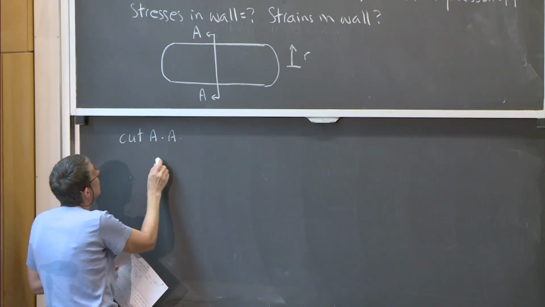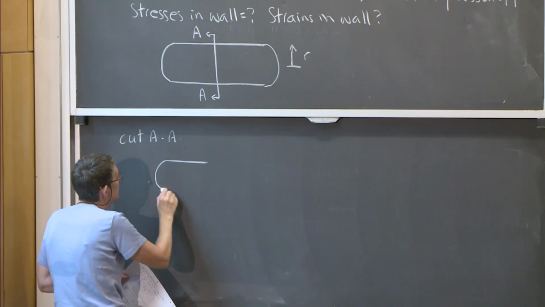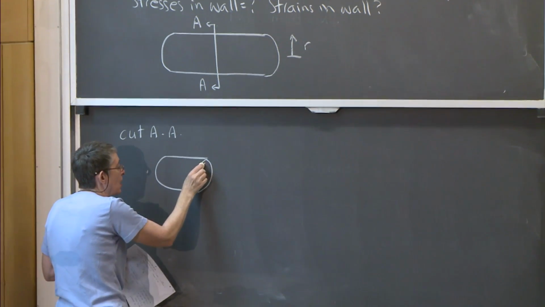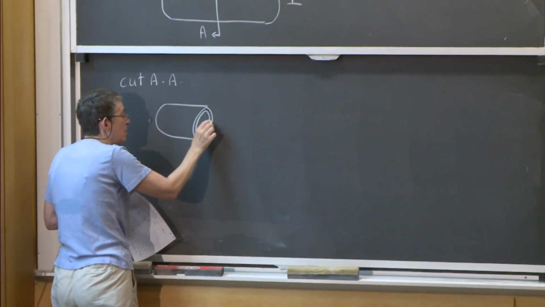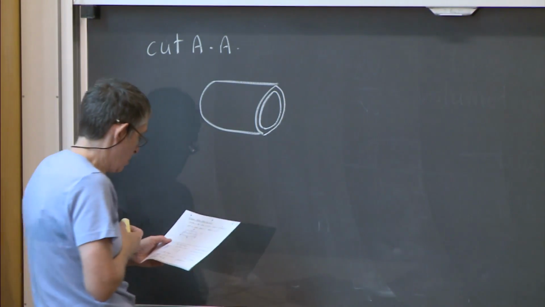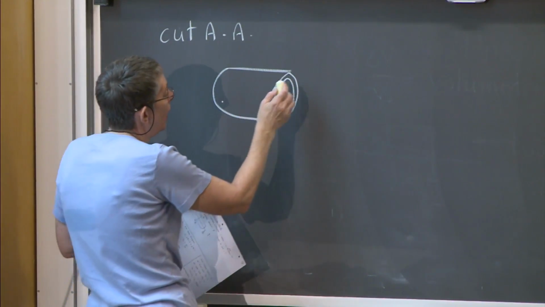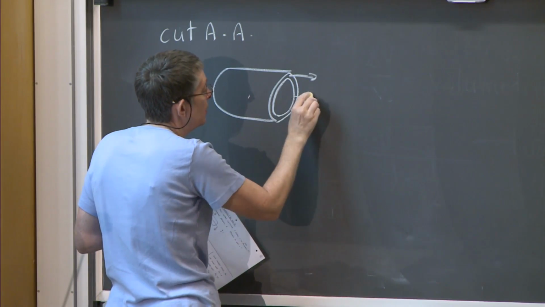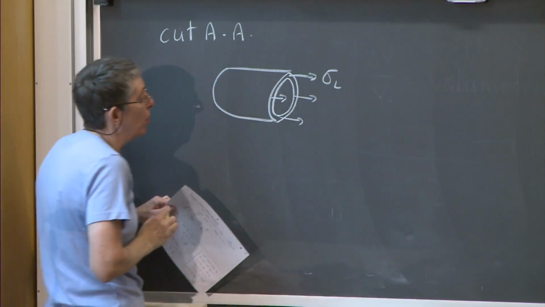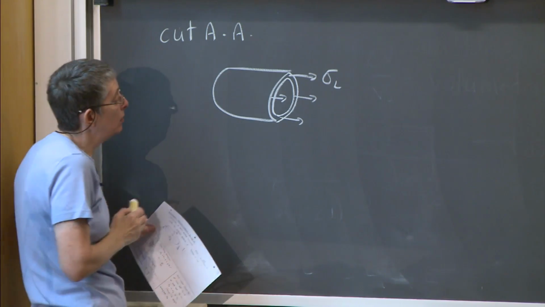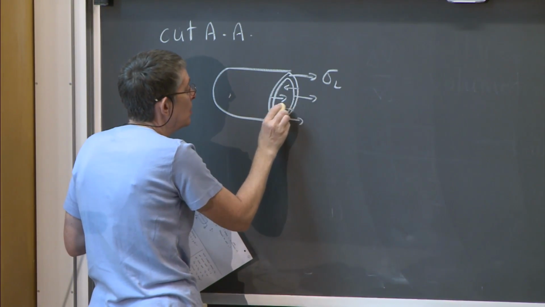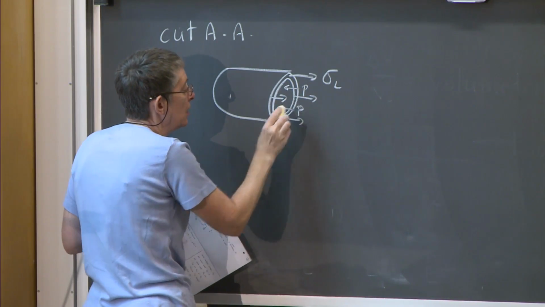So if I do that, here's my little piece of the cylinder, and say I've cut it like that. There's the cylindrical opening. And there's going to be some stress in the longitudinal direction like that in the wall. So I'm going to call that sigma L. And that's going to be opposed by a pressure P inside.